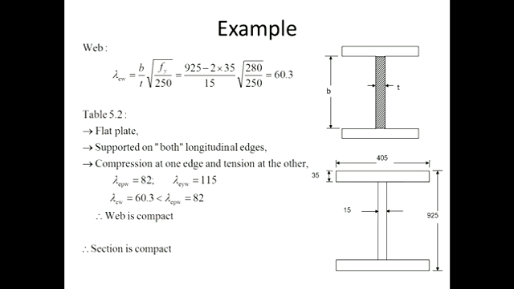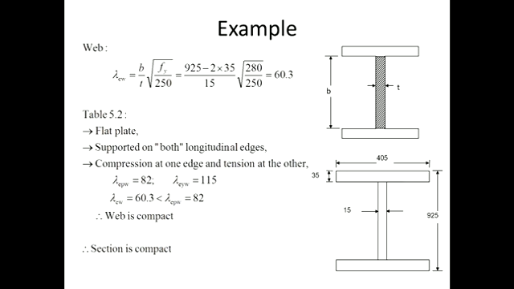So if this side is in compression and this side is in tension, then we have compression at one edge and tension at the other. So then these will be our limiting values, the plasticity limit and also the yield limit. So it means that the web is compact.